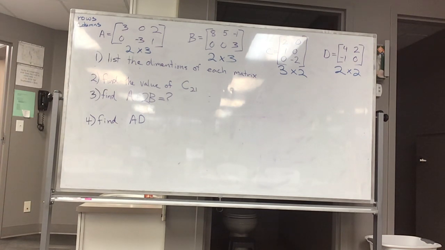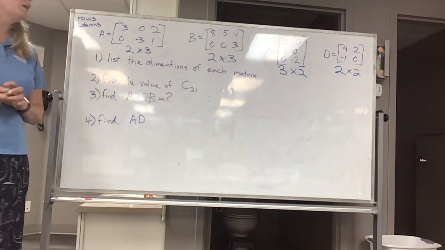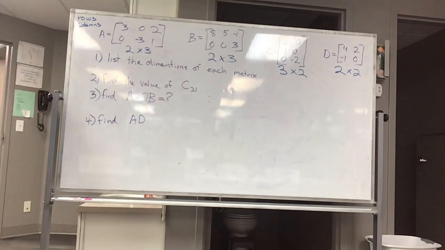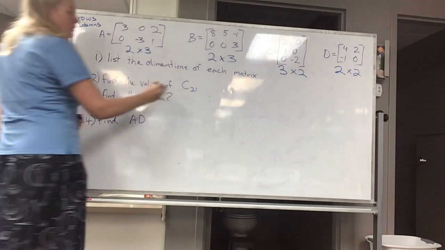So, similar to a coordinate pair again, if I ask for the value of C21, what number do you think that is? Remember, rows, then columns.